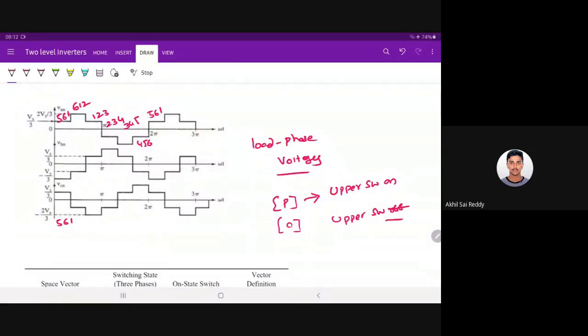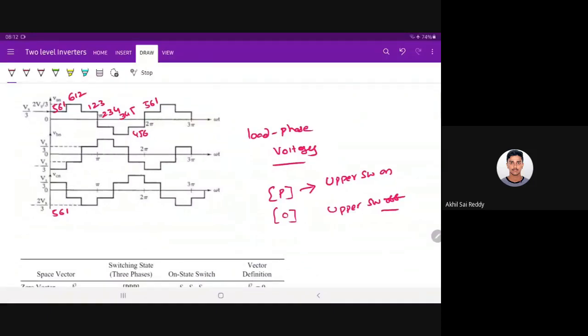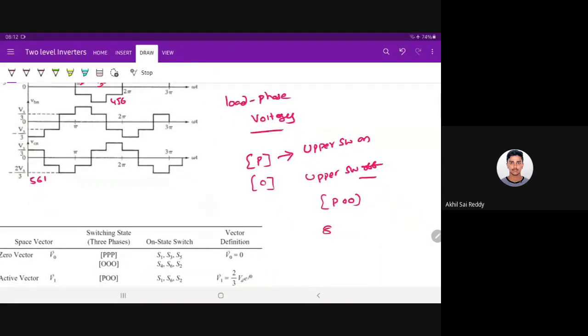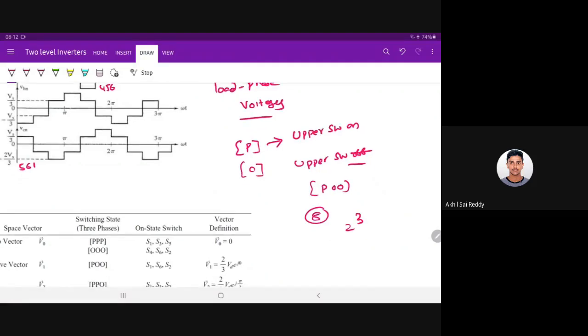Based on that, we define the switching states like P00, PP0, 0P0, 0PP, something like that. So we achieved 8 switching states, that is 2 to the power of 3. Here the 2 is the number of levels in the output voltage, that is P state and 0 state, and this 3 corresponds to the 3 phases.